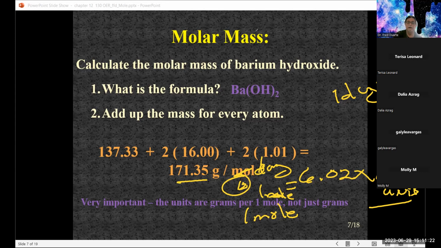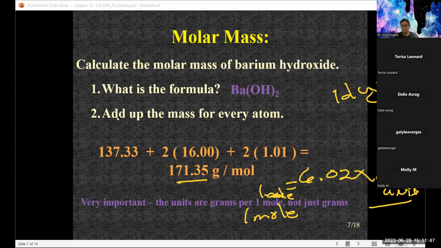But I was trying to show an example here, but the units are not a dozen, the units are a mole. So if I weigh out 171.35 grams of barium hydroxide, I will have 6.02 times 10 to the 23rd units or compounds of barium hydroxide.